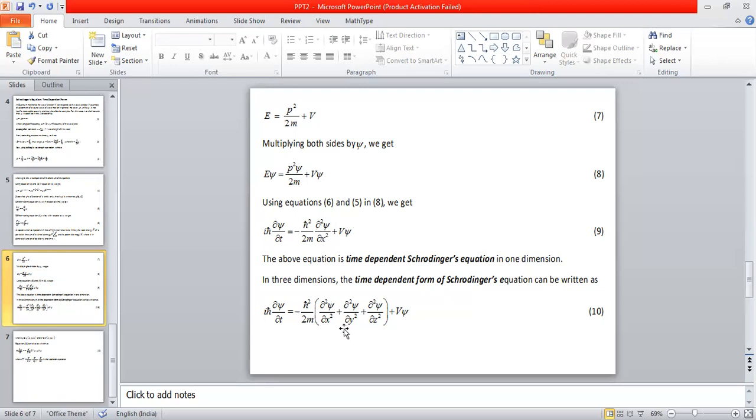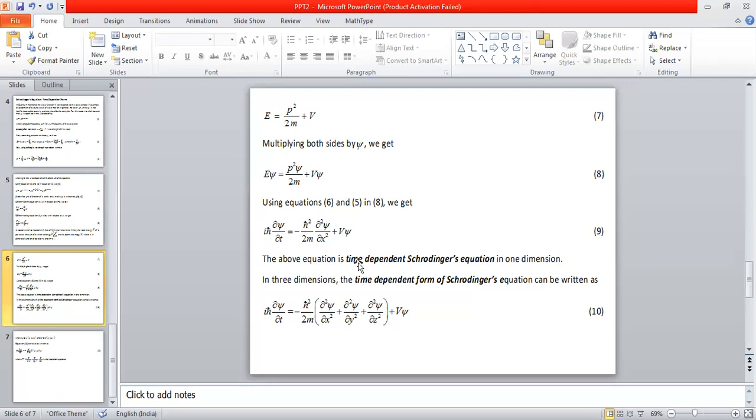Now if the particle is moving in 3-dimensional space, the wave function of the particle is a function of x, y, z coordinates as well as time t. Since the wave function is a function of not only x but y and z also, we have 2 extra terms. So we have dou square psi divided by dou x square plus dou square psi divided by dou y square plus dou square psi divided by dou z square.